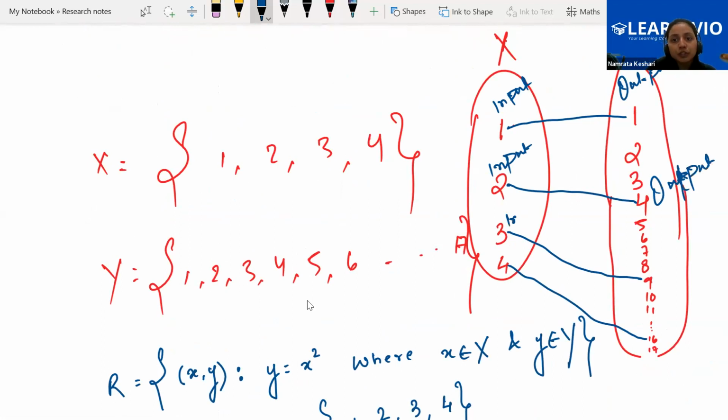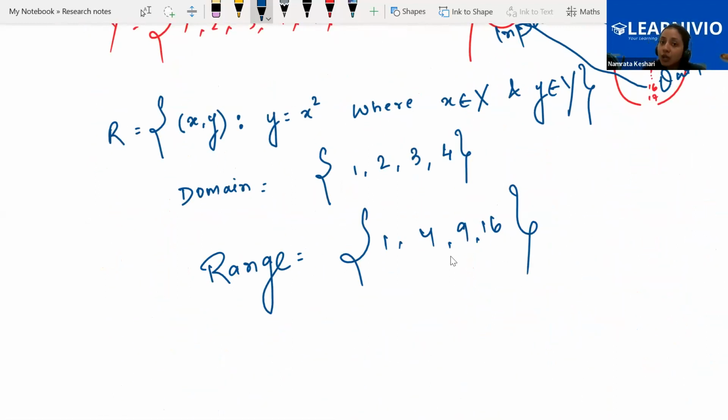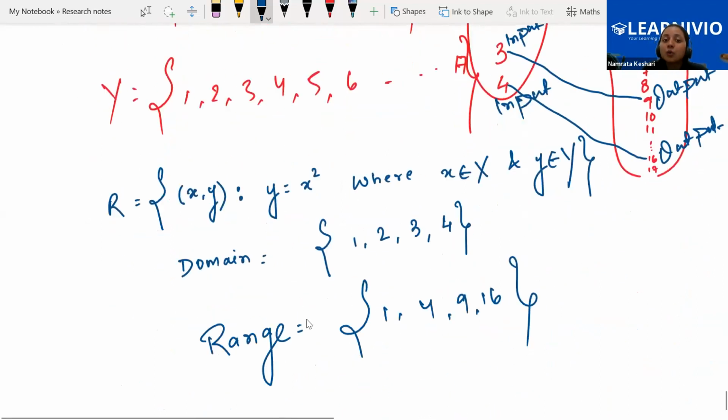When we are giving the input 3, the output is 9. When we are giving the input 4, the output is 16. So basically, range is the set of all outputs, domain is the set of all inputs, and codomain.